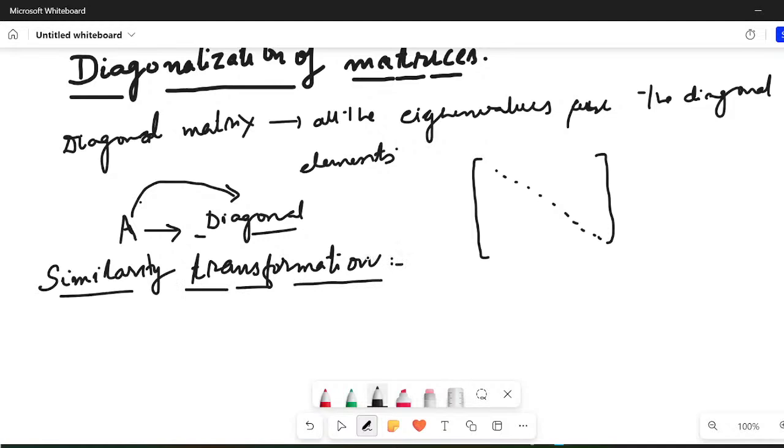Suppose we have an eigenvalue problem given by Ax equals lambda x, where A is of order n cross n.